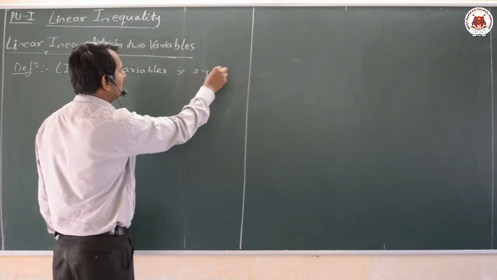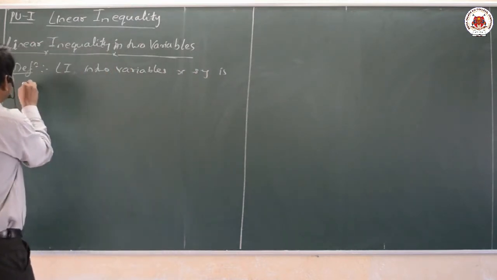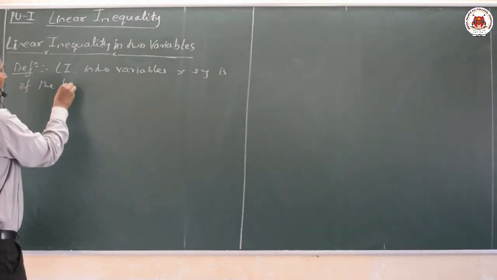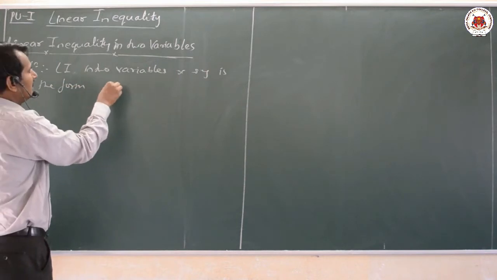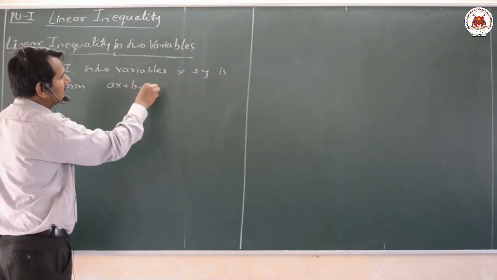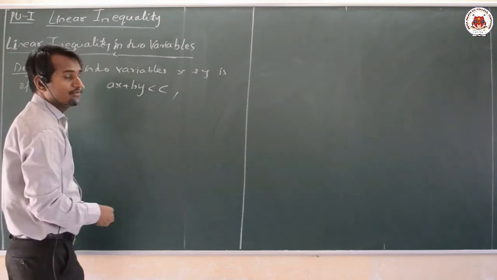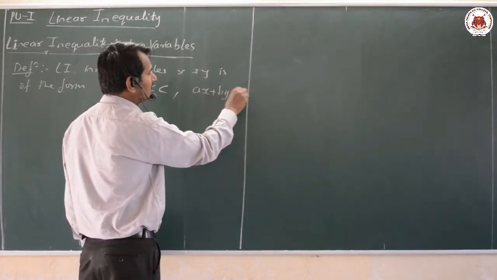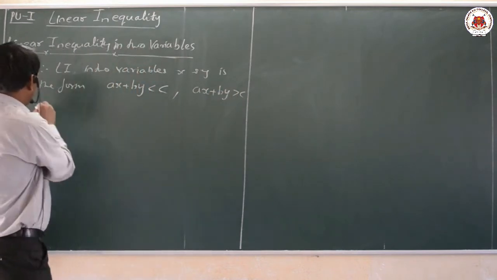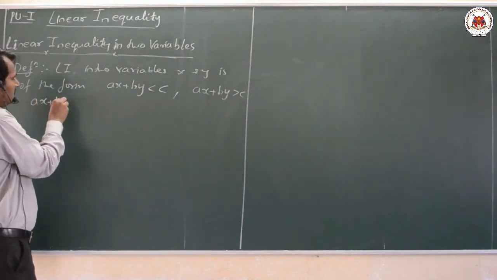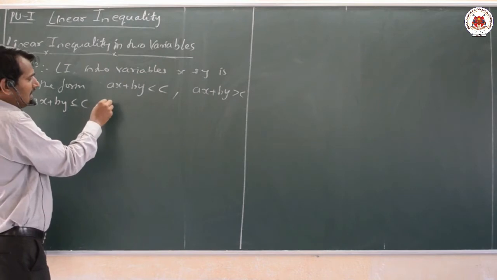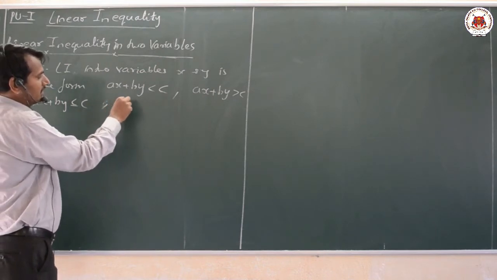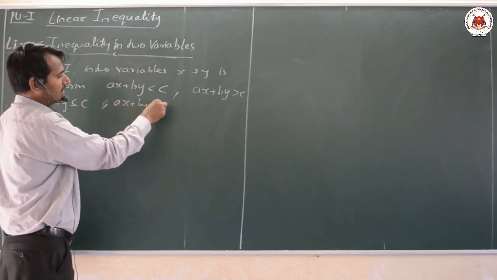Linear inequalities in two variables x and y are of the form ax plus by less than c, or ax plus by greater than c, or ax plus by less than or equal to c, and the last one, ax plus by greater than or equal to c.